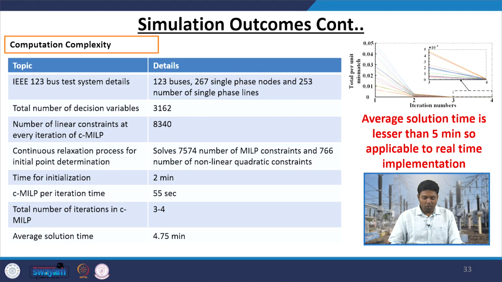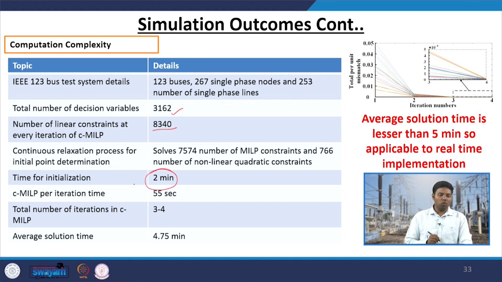So this is the overall computation complexity. You are solving for almost 3162 variables with almost 8500 linear constraints, and the initialization solution takes 2 minutes. Each iteration of the iterative process, which converges within 4 to 5 iterations, takes 55 seconds.